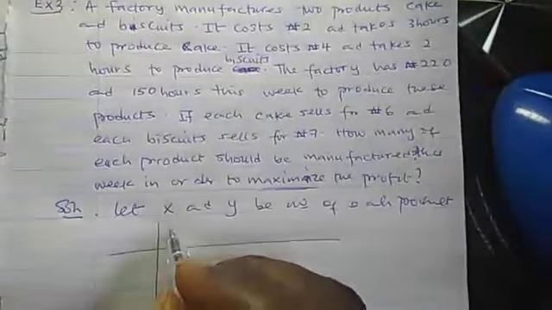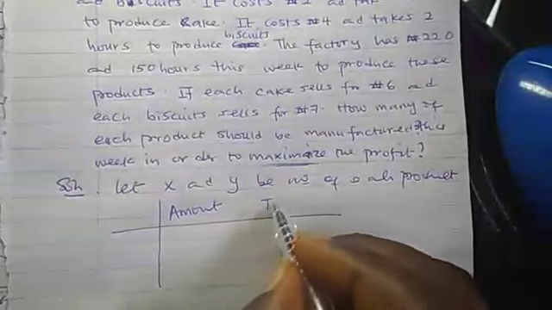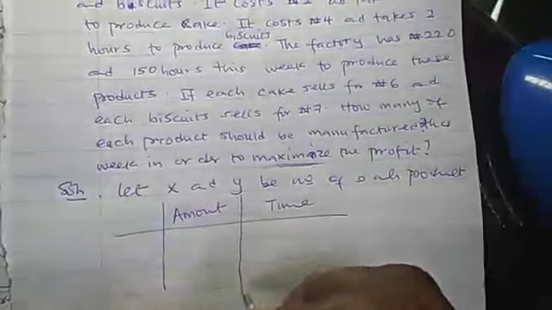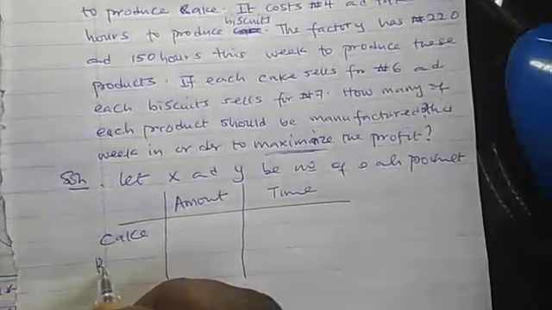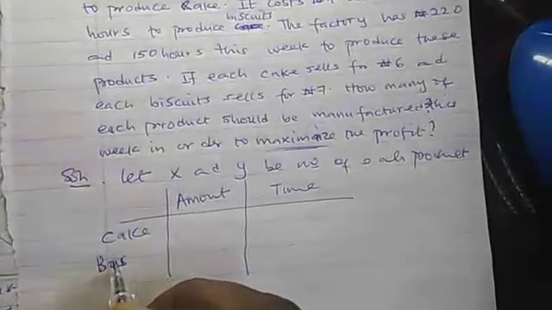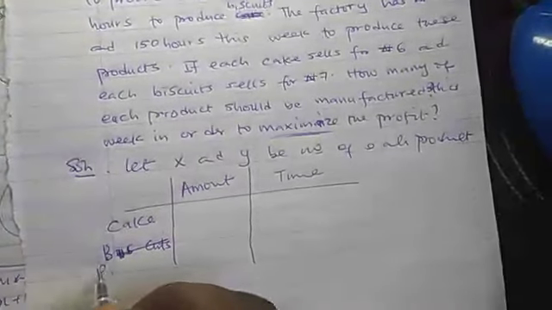So let me say that the amount and the time to produce it. So this is cake, this is biscuit.